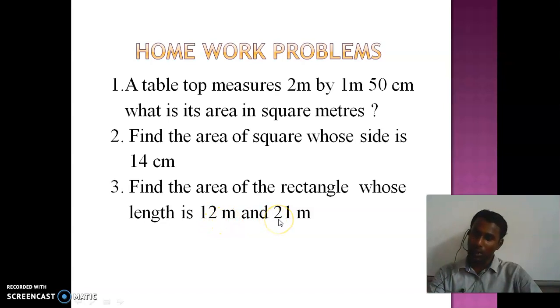So what to do? You need to multiply 21 by 12.